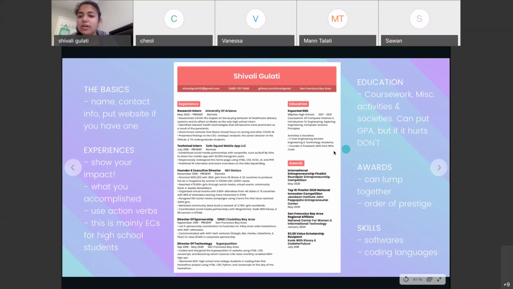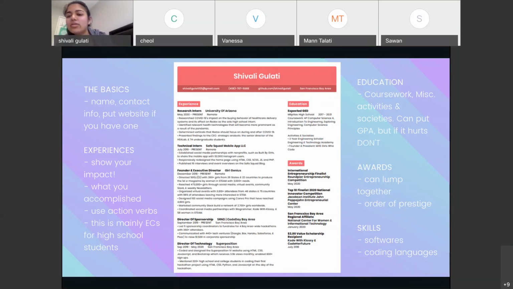For me, I put my main engineering coursework and some miscellaneous societies which support my love for engineering. Don't put courses that aren't relevant to the jobs you're applying to. If I'm applying for a partnerships role, I'll put things like honors English because that indicates I know how to write.